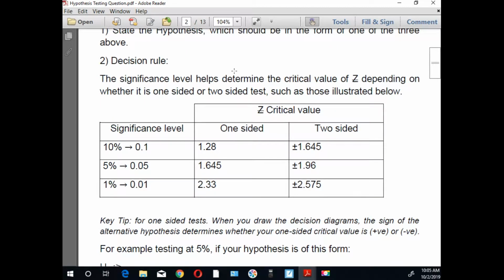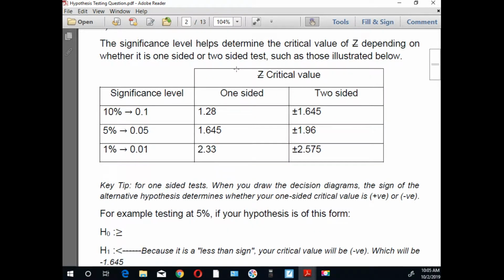I've summarized the table for you here, which makes your life easy because most of these hypothesis test questions will work with 10%, 5%, and 1%. For two-sided, the values will be similar to the ones of confidence intervals. But for one-sided, there are these values.